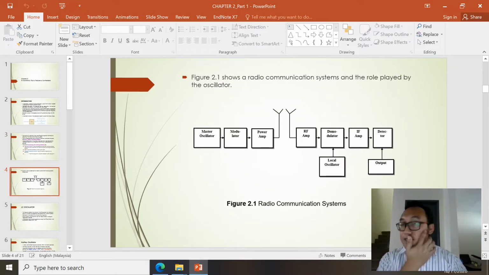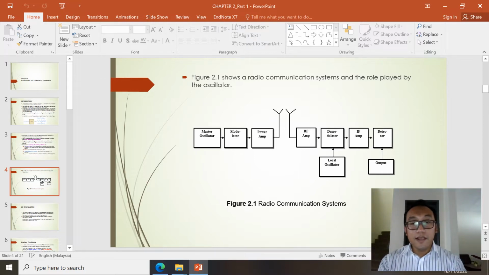Okay, this is the simple block diagram of the oscillator. The first is the oscillator, which creates a carrier, and the second is the modulator, which combines the carrier and the data. We call it modulate, or combine the carrier and the data.